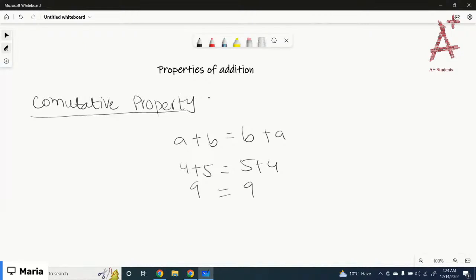Then the second one is the associative property.